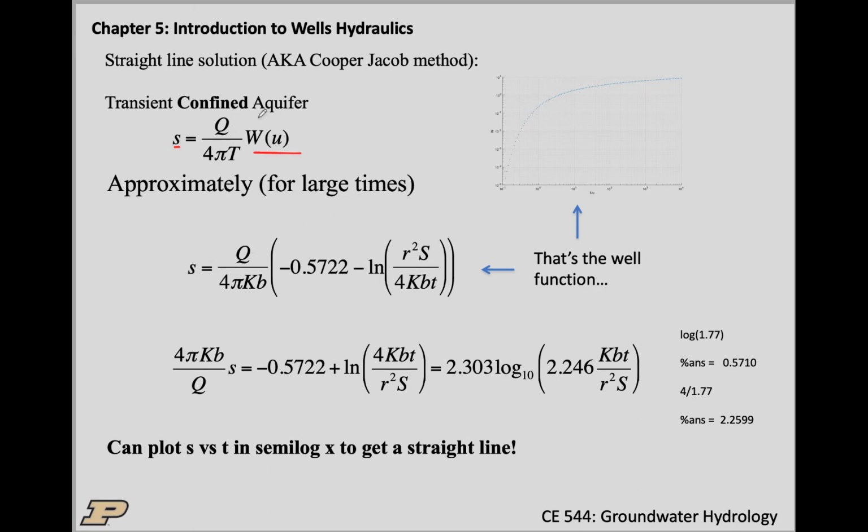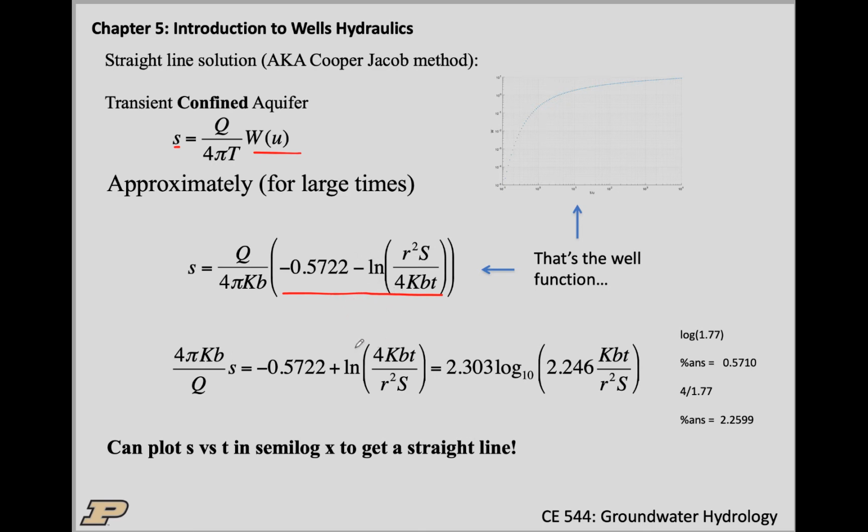Now if we rewrite the Wells function, at large enough times, and we'll see in a second what that is, we can approximate the Wells function with this expression here in parentheses: minus 0.57 minus natural log of u, and this is the expression for u we saw last time, r squared storativity over 4 T t. So transmissivity and time. Again, u being the surrogate for time.